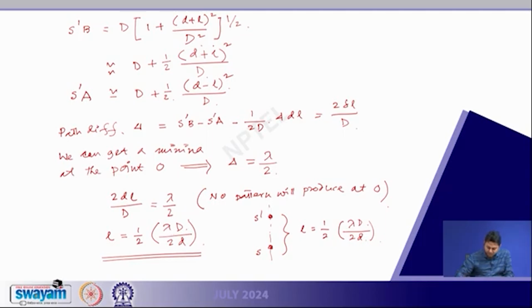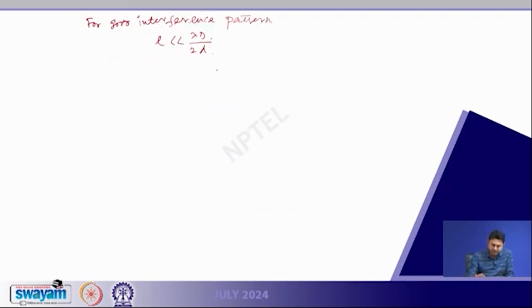So for each source we have another source in the opposite direction such that this condition is satisfied. So in general L should be very much less than lambda D by 2D to have a good interference.